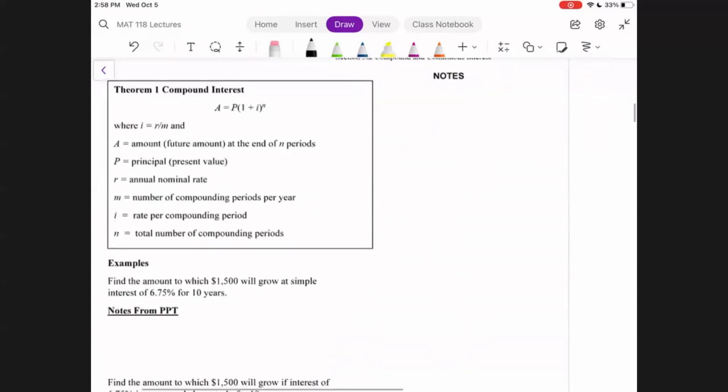One thing to note is the book likes to write it this way. I personally don't like to have i as r over m and n as the total number, because that's a lot of variables. In my experience, students seem to like it when you write it like this, because you only have to plug in certain things.